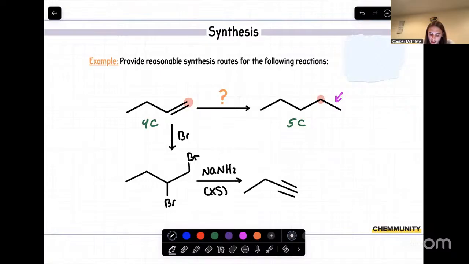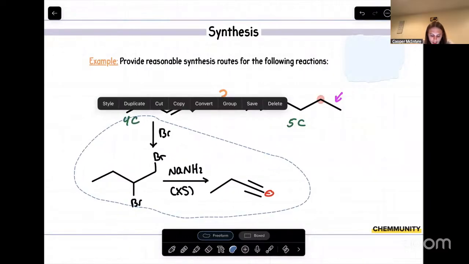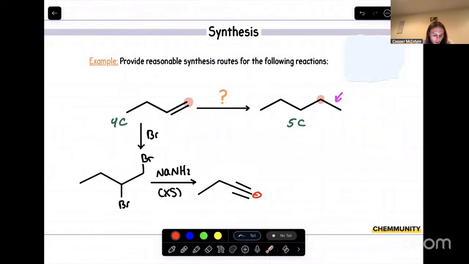Since we have our alkynyl anion right here, we'll still count our carbons just to double check everything, because those can be a little tricky to draw. Right here we have 1, 2, 3, 4 carbons. 1, 2, 3, 4 carbons. We're all set there. Looking at our product, since we're adding only 1 carbon, if we remember from earlier, a really good way to add 1 carbon is just to use a methyl bromide.